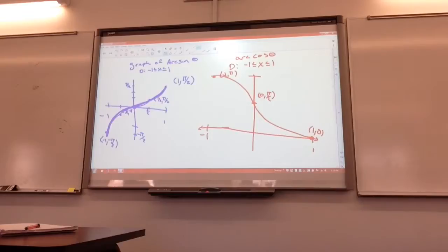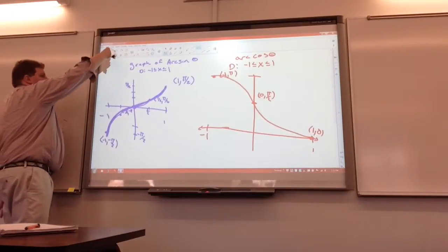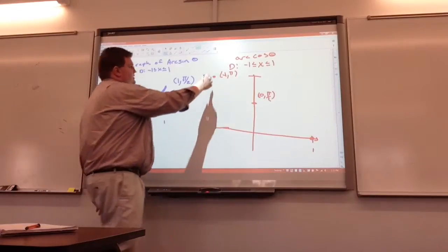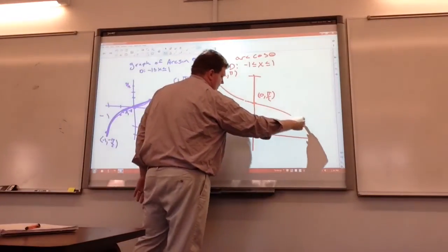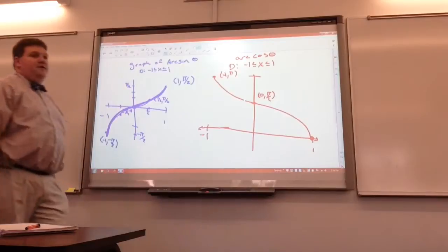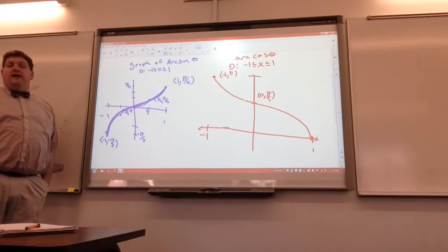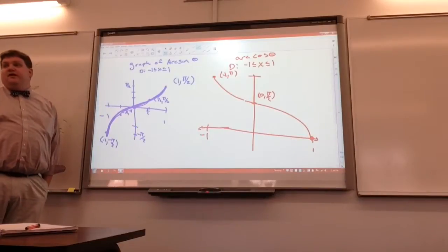Actually, I did curve that wrong. Sorry. Undo. I should curve it like that. There we go. That's a better curve. So it looks very much like the arcsine graph, but it's been flipped and moved upwards. When you think about it, what did the cosine do?